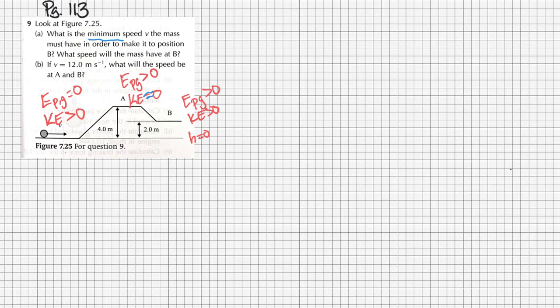So here's how I'm going to set this up. For part A, we're going to first set up our energy equation.